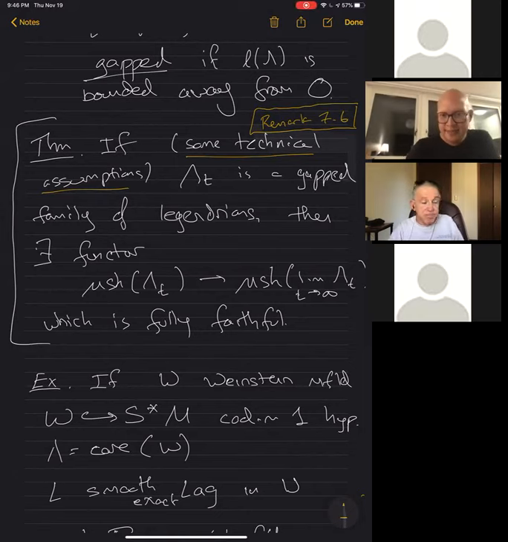Okay, and next a couple of questions. It's about a complex manifold case when, in fact, you work not in C infinity, but in the holomorphic setting, which I believe Kashiwara and Schapira had in mind. So what do you get then?